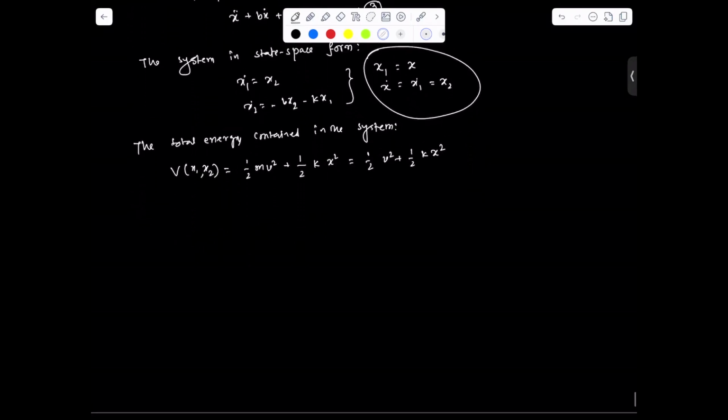Now we'll see how the time derivative of this V is going to behave. We'll cover in a later lecture why we need to consider V dot to be a decreasing or increasing function. All this we'll discuss in more detail, and how they are connected to stability. So here basically we have to check how the total energy of the system is going to behave.